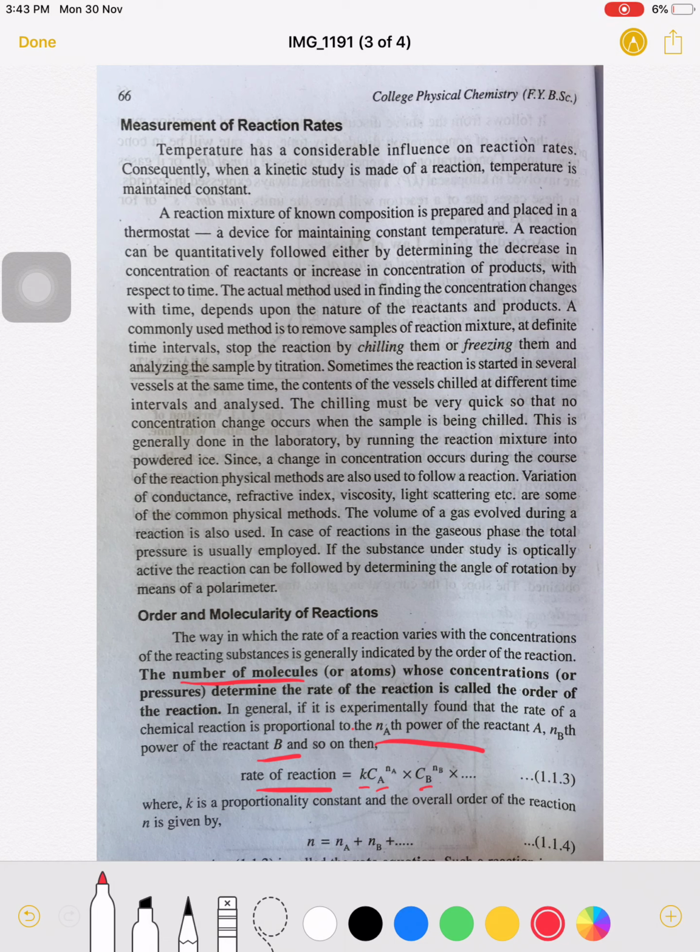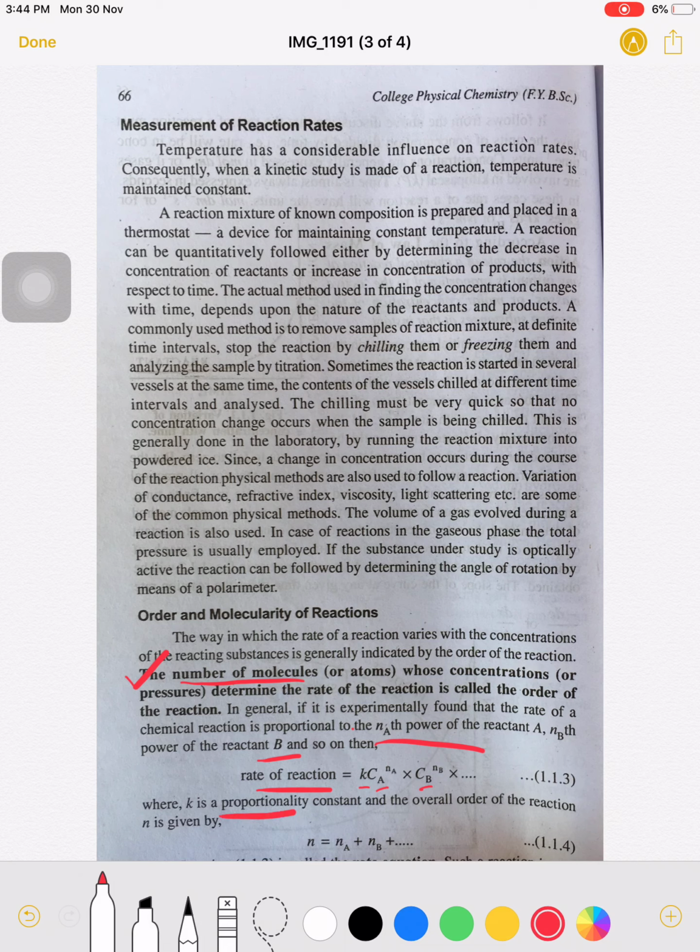If you see this definition, the number of molecules whose concentration changes during the reaction determine the rate of reaction. Therefore it is called the order of reaction.